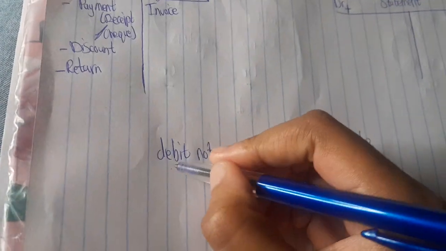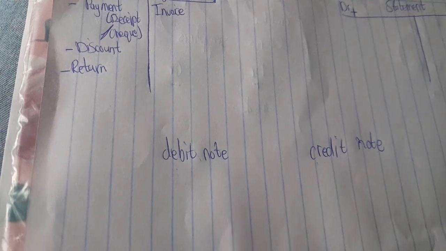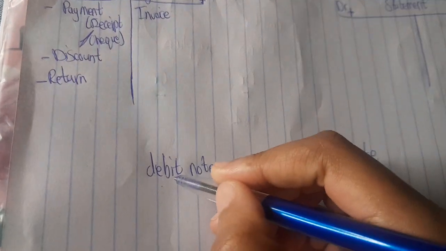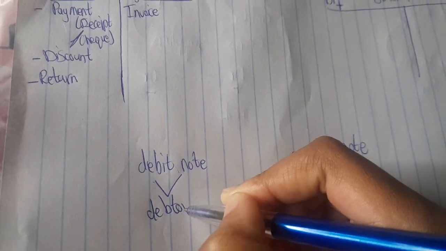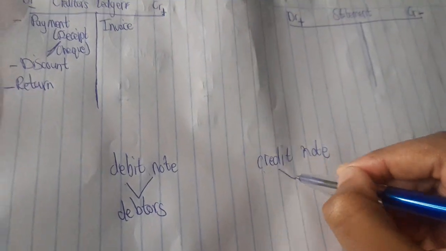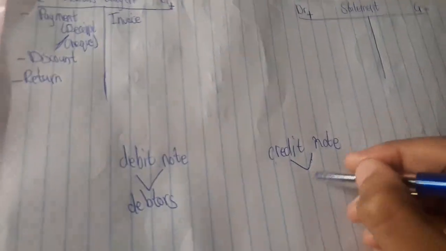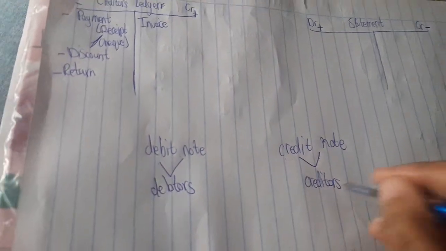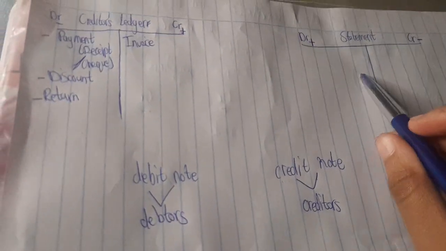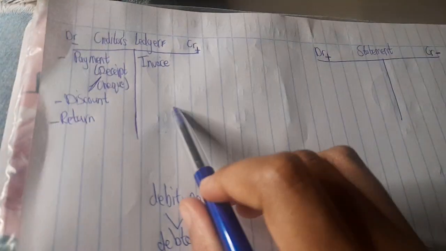Both of these are written whenever we have a return of goods. So a debit note is written by who? The debtors: debit, debtors. And the credit note is definitely written by the creditors. Remember, the creditors write the statement, but the debtors write the creditors ledger.